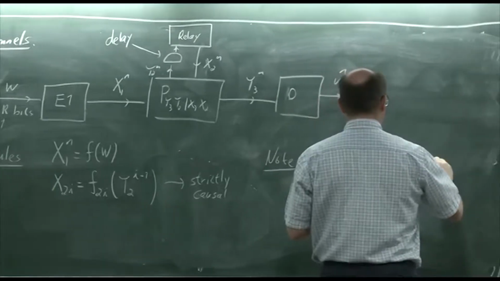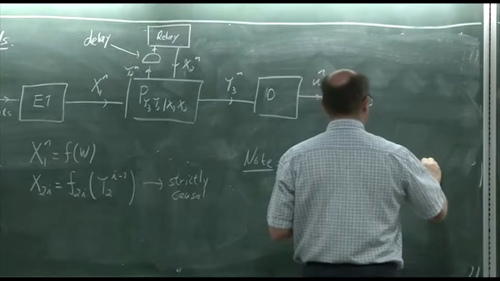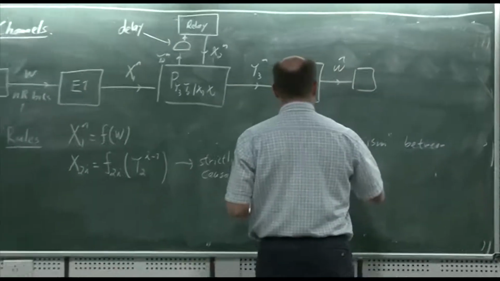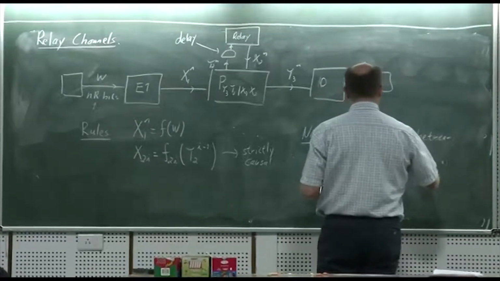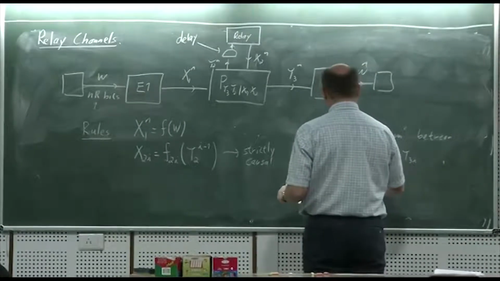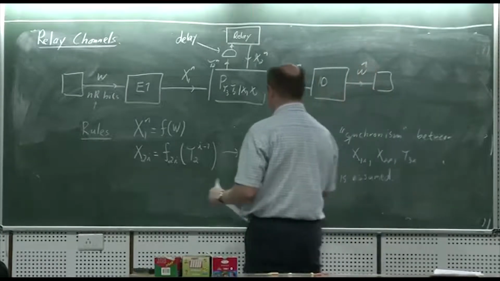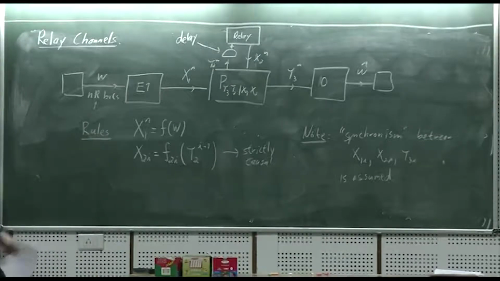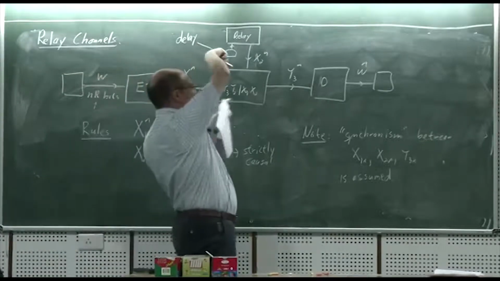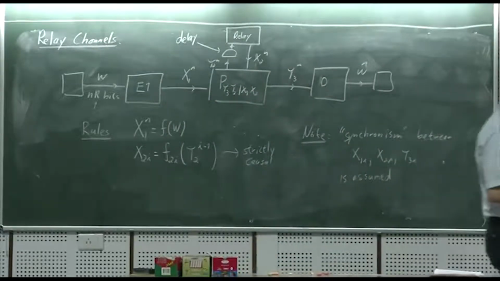It is assumed between, let's say, x1i, x2i, y3i. The y2i doesn't matter so much, because after all we already have this assumption, right? So there's some kind of synchronism that the third output is really some function of the first and second and they're really appearing at the same time.